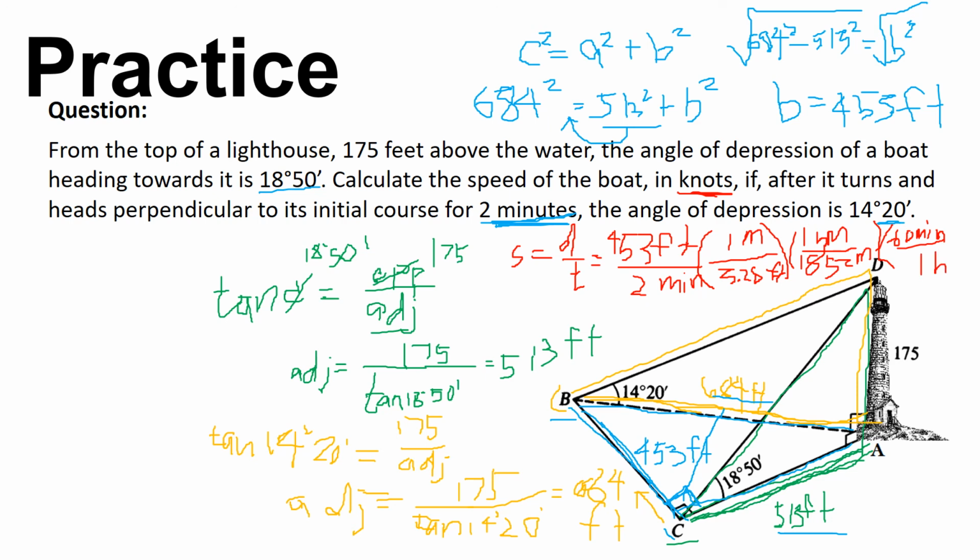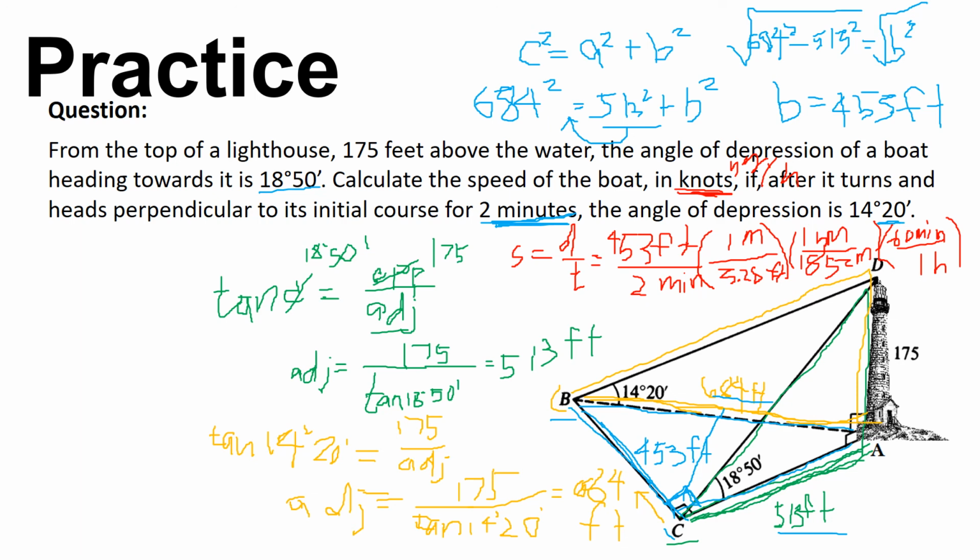We chose these unit conversions because we need a unit of knots, which is nautical miles per hour. So we need to convert feet into nautical miles and minutes into hours.